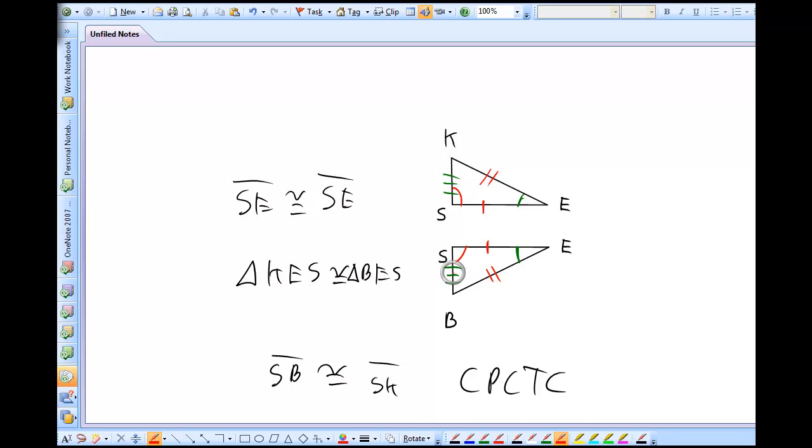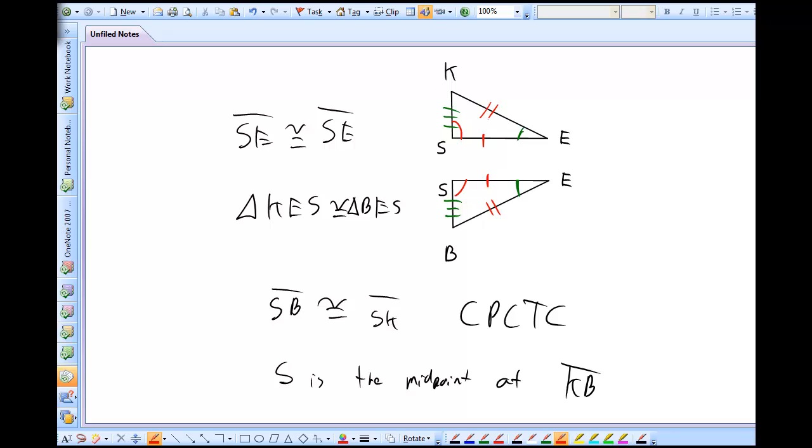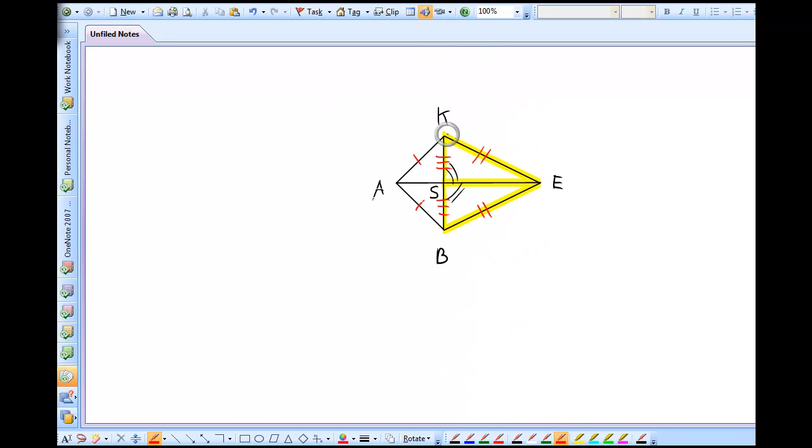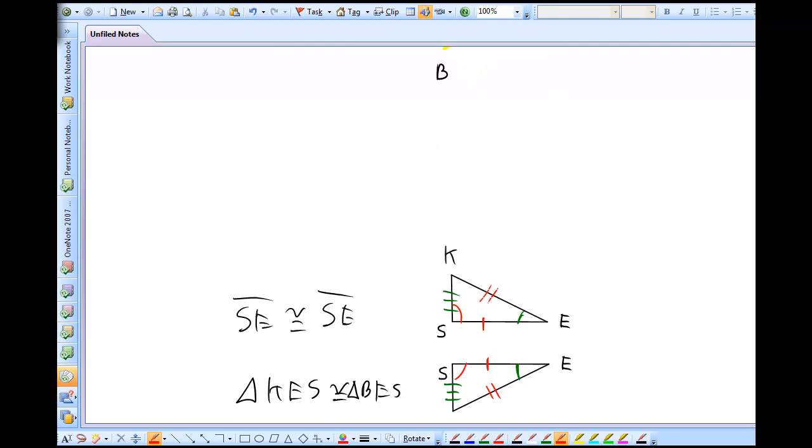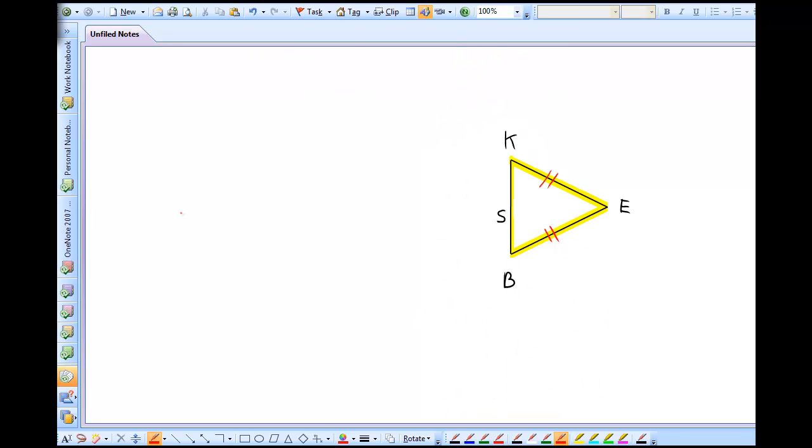But also, I know that they're supplementary because angle KSB, when you draw it together, looks like this. It's a straight angle, so the measurement of angle KSB is equal to 180 degrees.